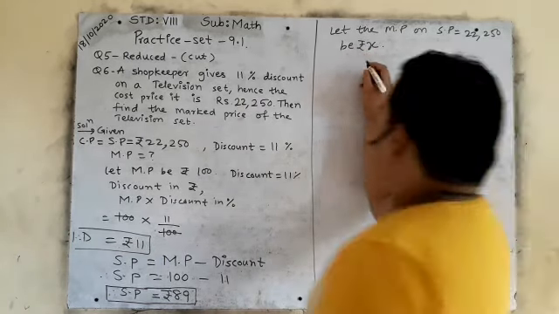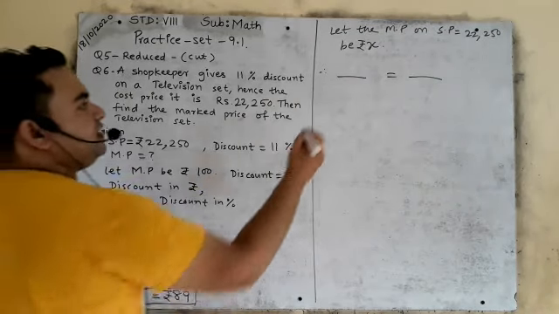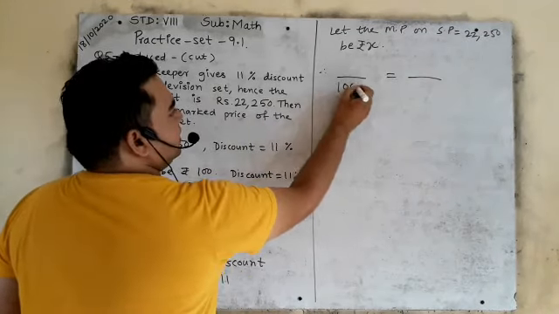Now what you have to find? How to find the mark price now? Therefore I told you that day, down you will write the mark price. So what was the mark price? The first imaginary mark price, 100. And how much rupees selling price? 89. Okay, see, I am telling you mark price will come down and selling price will come up.